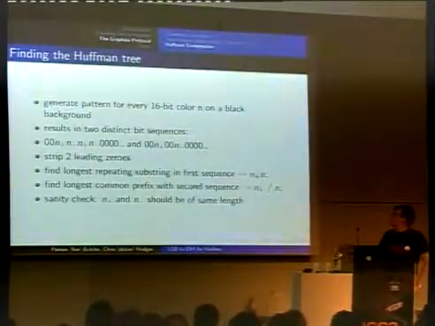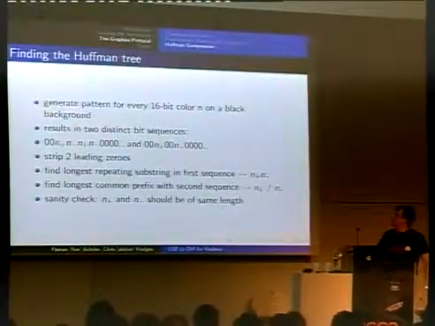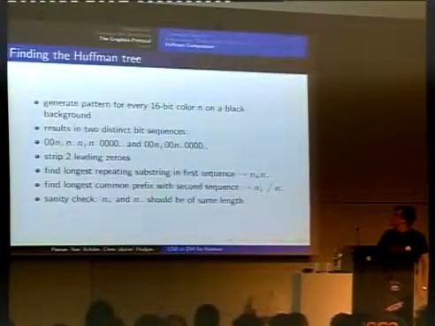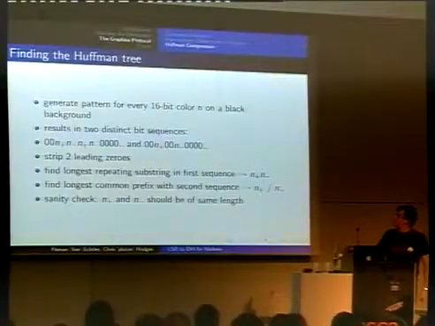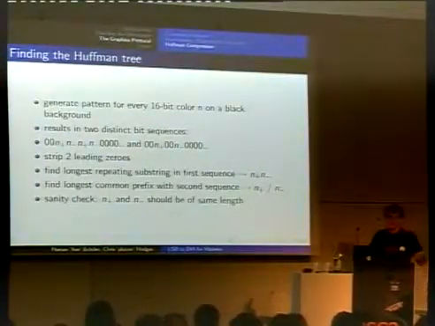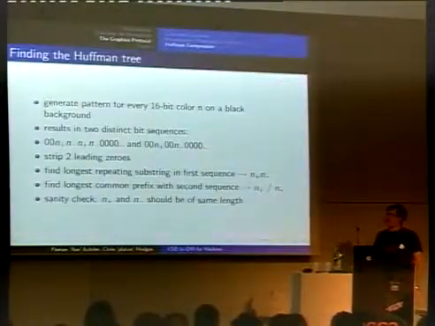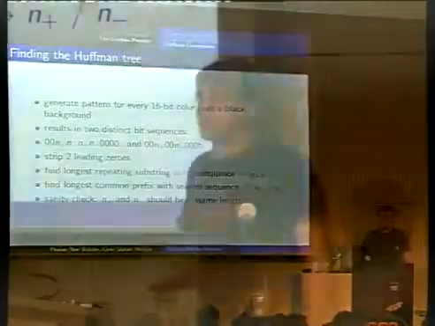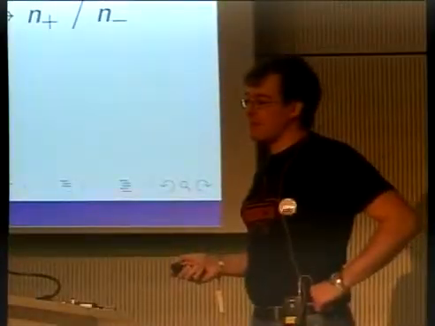So we get the sequence for a difference of 0, then we get 2 pairs of plus and minus n, and the rest is zeros, and we get plus n, zeros, minus n. When we now strip the leading 2 zeros and try to find the longest repeating substring, we end up with the sequence for just plus n minus n. And this we can compare with the other sequence and find the longest common prefix. When we have also found this, we get the 2 separate sequences, plus n and minus n.